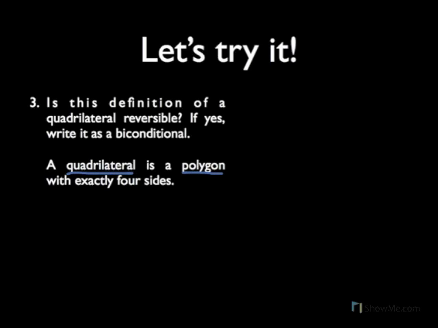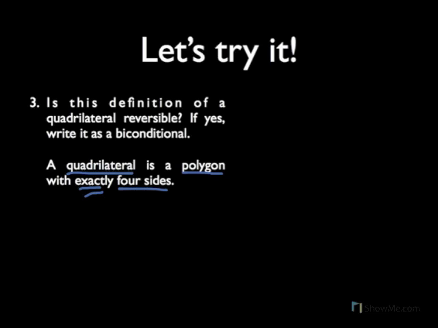Polygon is a many-sided figure. And 4 sides is very precise. In fact, they went even more precise to say exactly 4 sides. So that also meets the second criteria. They are precise. So the question is this reversible?